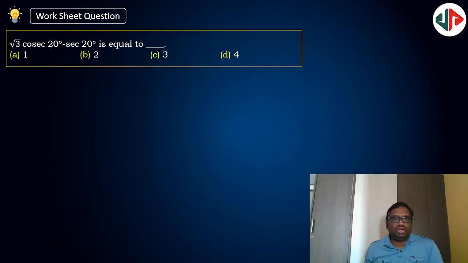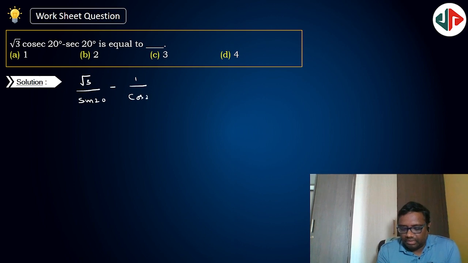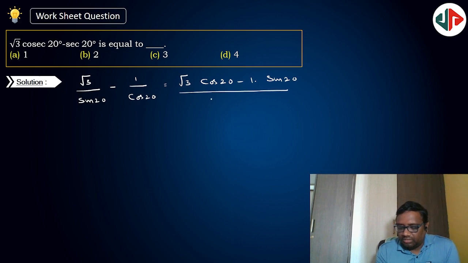Root 3 cosecant 20 minus secant 20 degrees. Same question we solved previously. This is nothing but root 3 cosecant 20 minus secant 20, which we can rewrite as root 3 by sin 20 minus 1 by cos 20. We can rewrite this value as root 3 times cos 20 minus 1 into sin 20 upon sin 20 into cos 20.